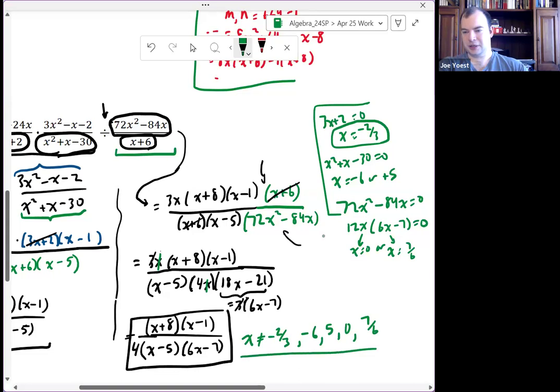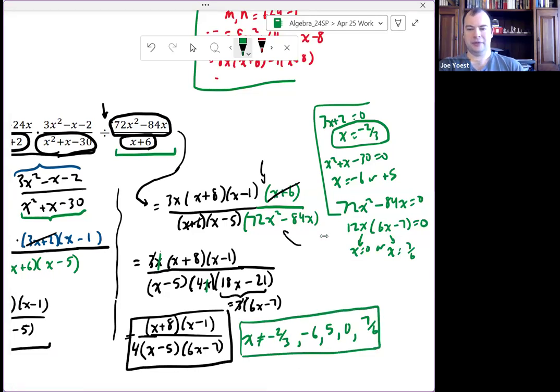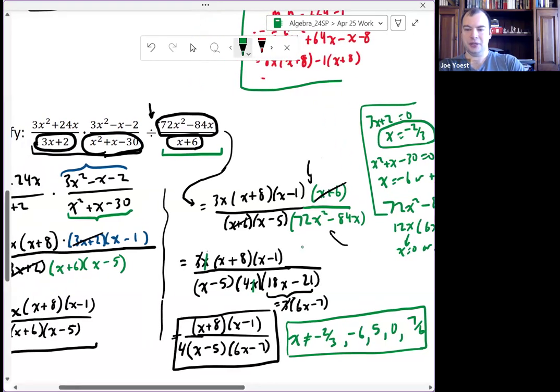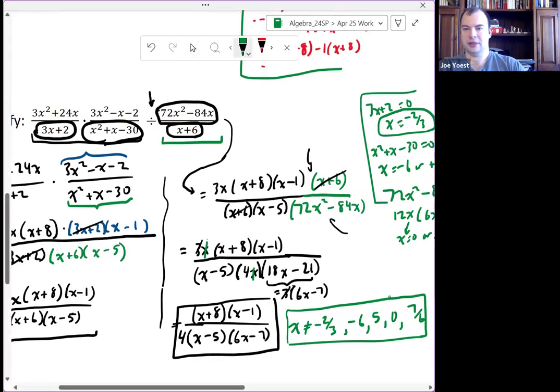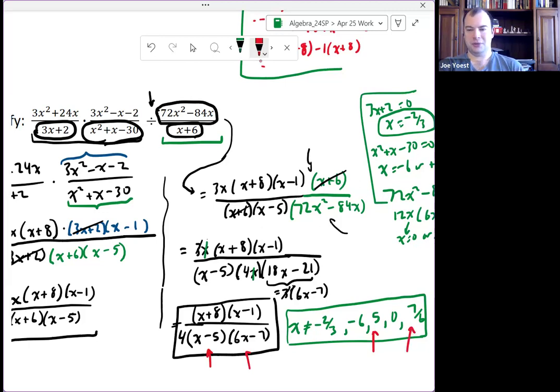So all kinds of restricted values here. These two expressions are only equal when x is not equal to any of these 5 numbers. We kind of see an implied restriction of x equals 5 and x equals 7/6 still existing in this simpler rational expression.